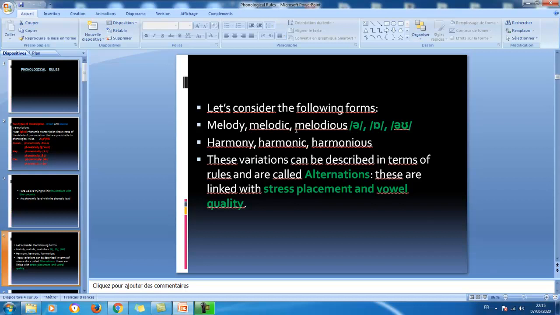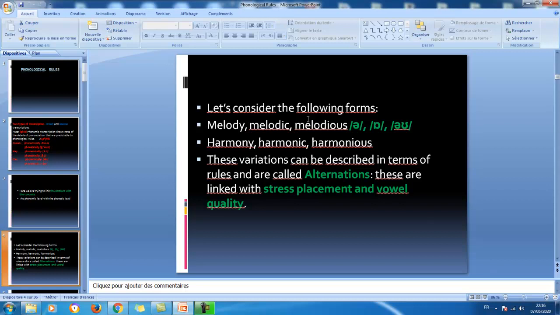So there is a change in the place of the stress here. Now, since we are going to change the place of stress, the second syllable is, if you like, stressed. We have to replace the vowel schwa, which is a weak vowel because it can never be stressed, by a strong vowel, o in here and o in here, just because it's going to receive the strong stress.